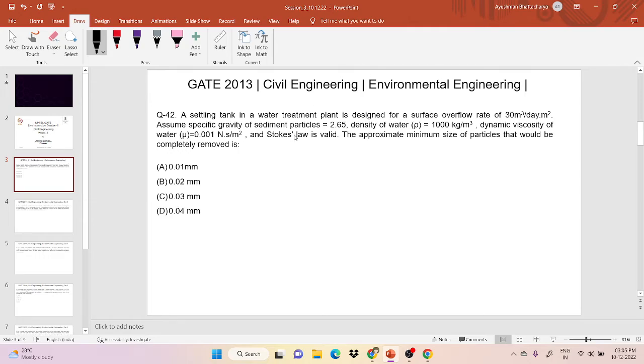Assume specific gravity of the sediment particle is 2.65, density of water is 1000 kg per meter cube, dynamic viscosity of water is 0.001 Newton second per meter square, and Stokes law is valid. The approximate minimum size of particle that would be completely removed is.